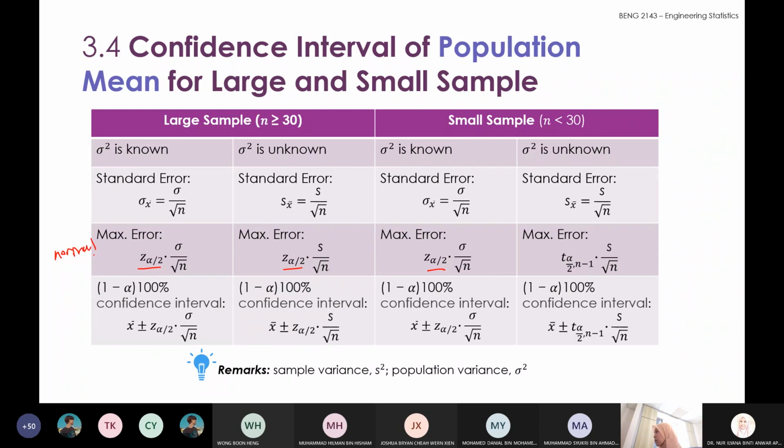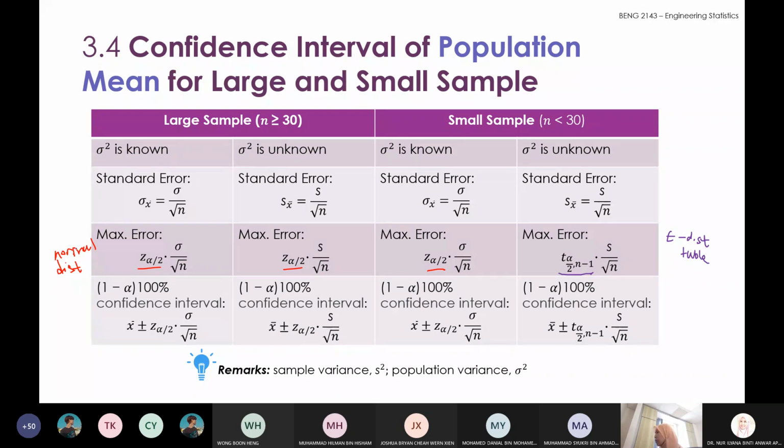But if you see T, it means you have to use the T distribution table. For Z, we have to refer to the normal distribution table.